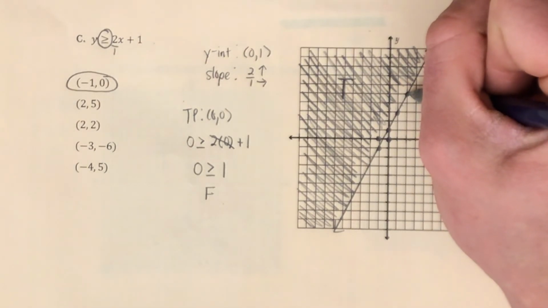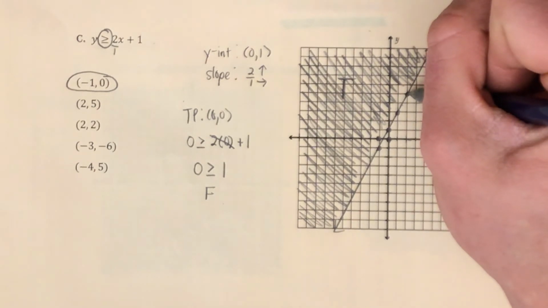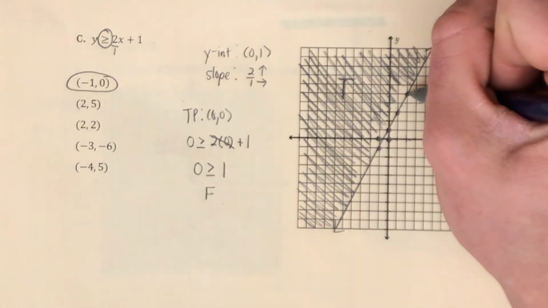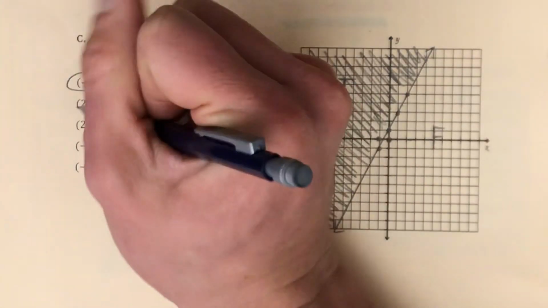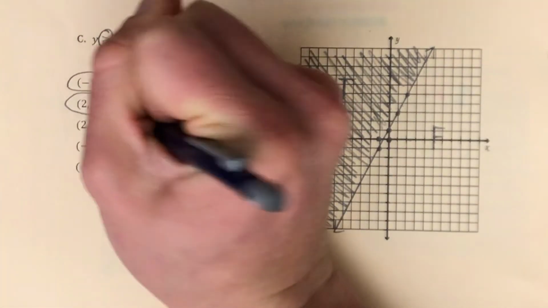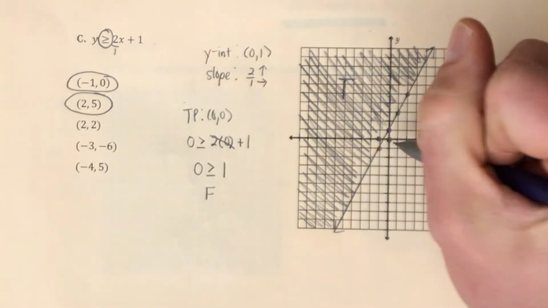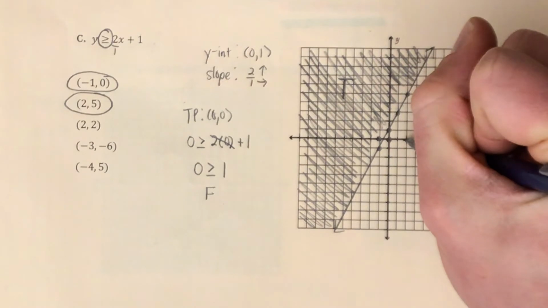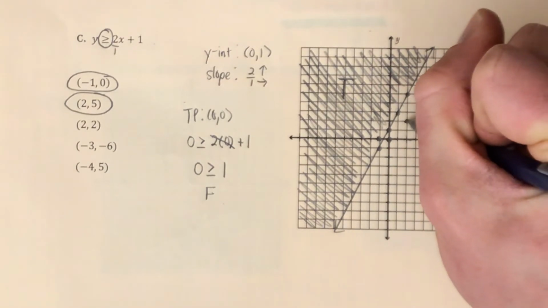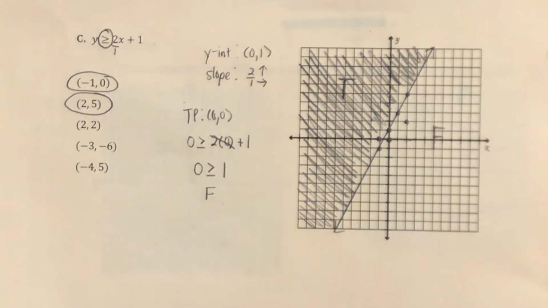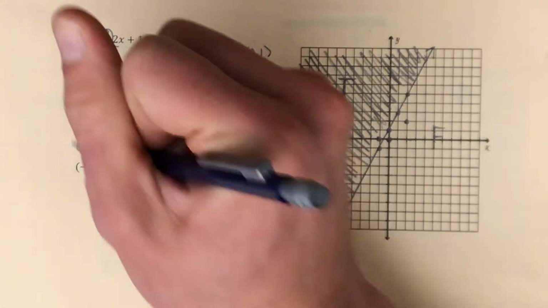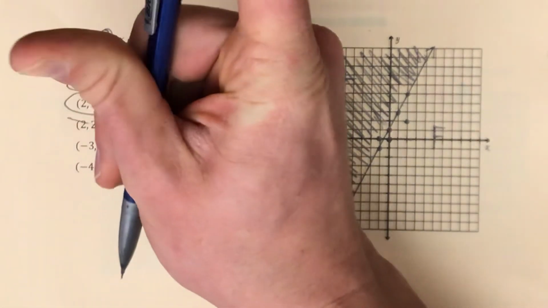Because it is directly on my line, I need to decide, is it a solution? The only way it can be is if this is a solid line. It is a solid line, so that means that 2, 5 is a solution. Then I need to check the point 2, 2. So back to the origin, go right 2 and up 2. This falls below the line in the non-shaded region, so it is not a solution.